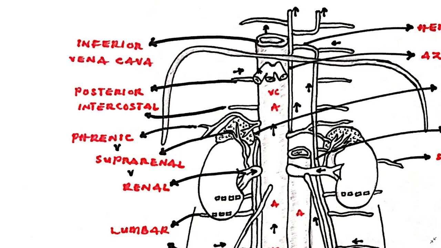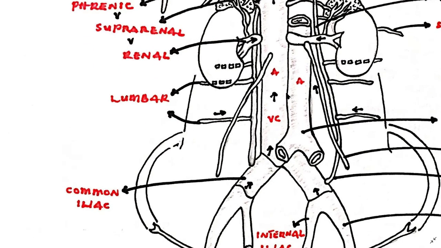Because the inferior vena cava is located to the right of the midline, drainage of the tributaries is not always symmetrical. On the right side, the gonadal veins, that is the testicular and the ovarian veins, drain into the inferior vena cava directly.